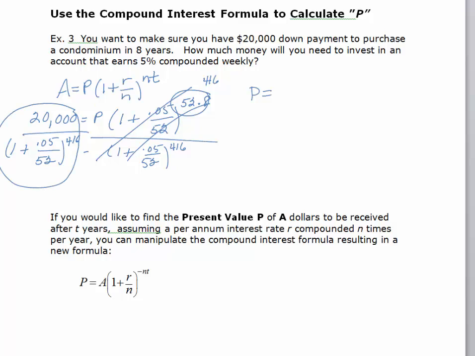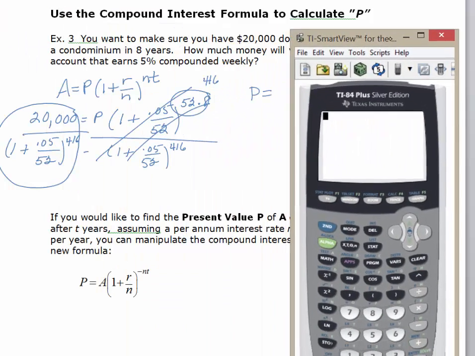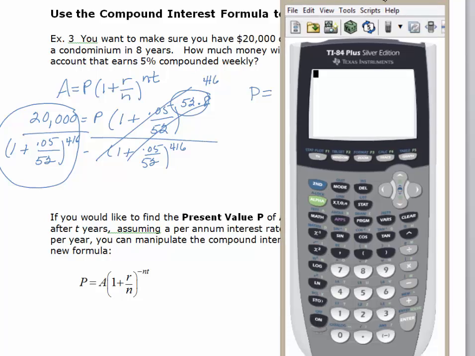So let's open up the calculator. We'll plug this in. So we're going to take 20,000 divided by, open parentheses, 1 plus 0.05 divided by 52, raised to the 416. Right, and we'll hit enter.